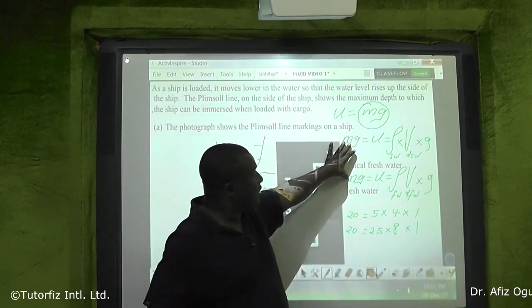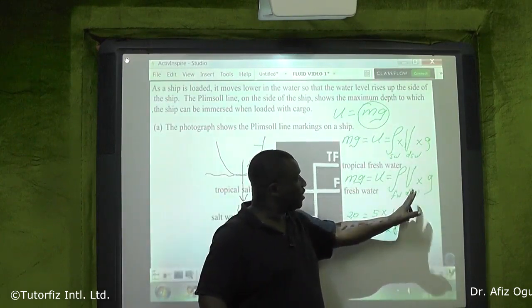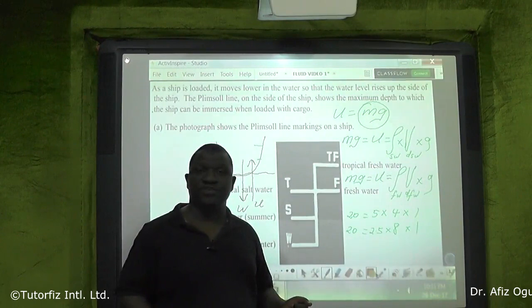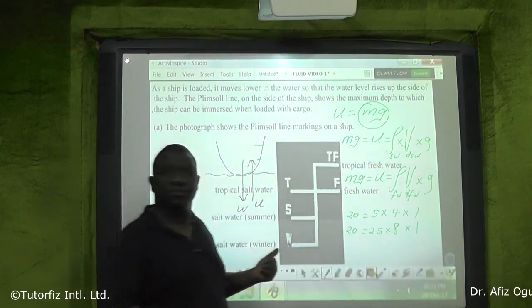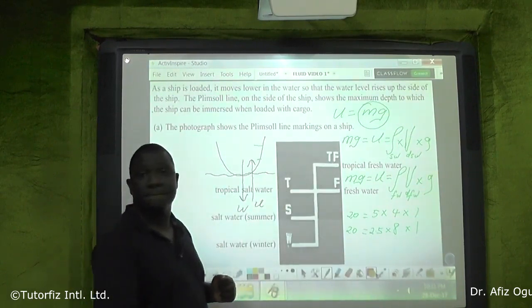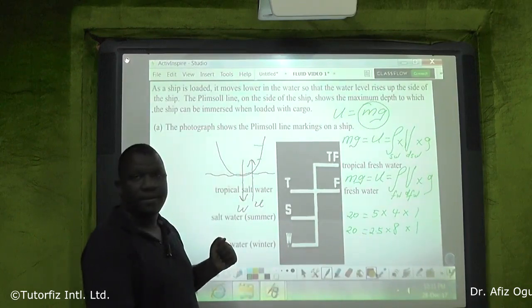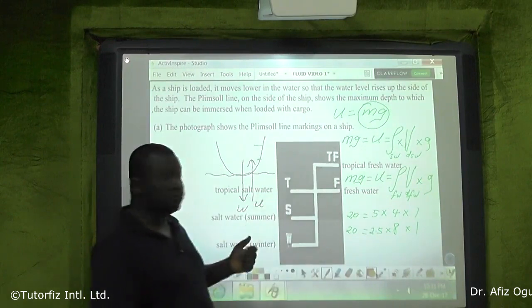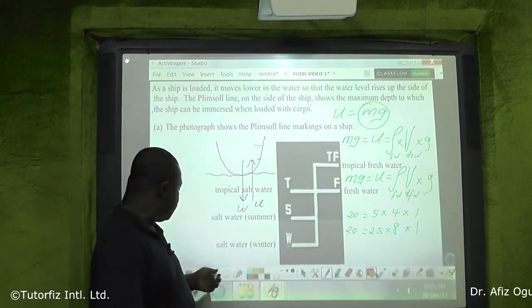And from this formula, since g is constant, the volume of displaced fluid must increase. So because of that, it goes down lower in the fresh water. That's why the marking is up there. We already know that to move up there it has been calculated. The mark is up there because it will displace more fluid. I believe you got that.